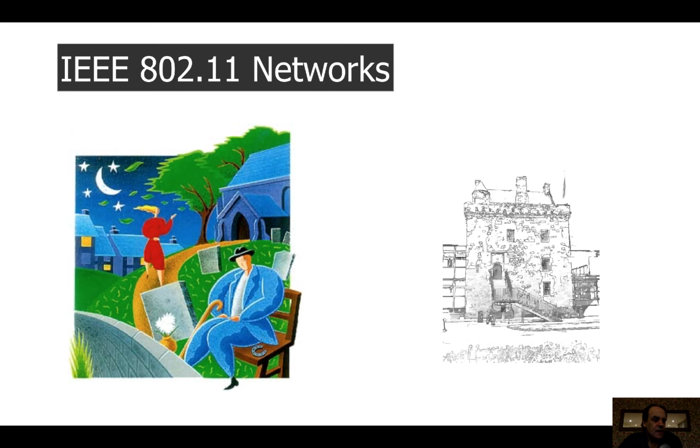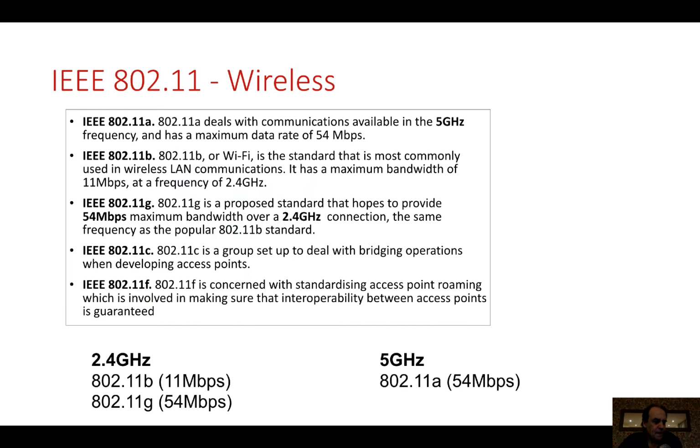Okay, so now let's look at IEEE 802.11 networks. 11A defines 5 gigahertz and gives us 54 megabits per second. It's used for fairly good coverage, and we get smaller antennae because it's 5 gigahertz.